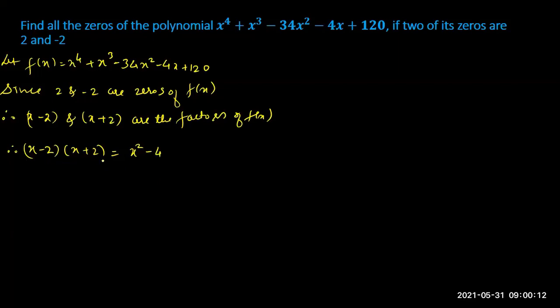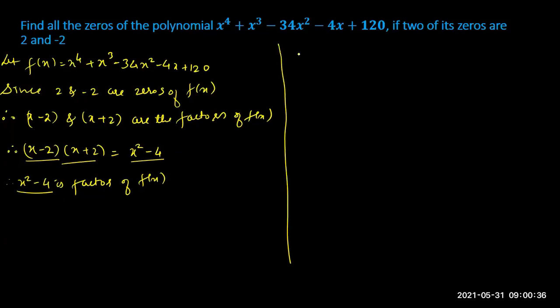If these two are factors of the given polynomial f of x, then x square minus 4 is also a factor of f of x. So this is one factor. Now divide f of x by x square minus 4. I will do the division.